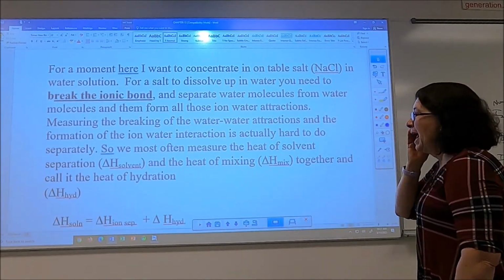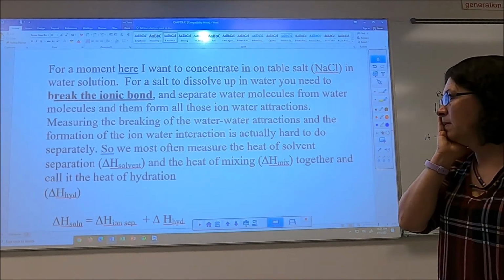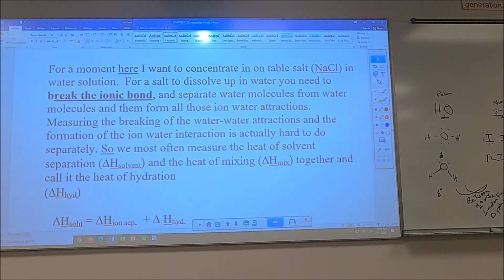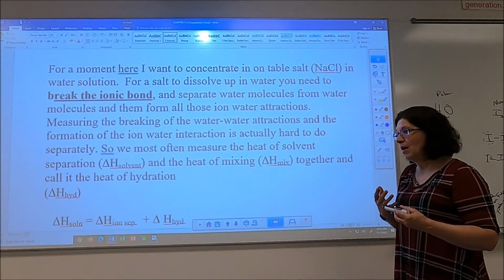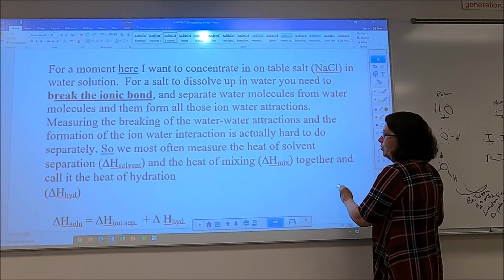So let's think about table salt for a minute. When we look at mixing table salt, sodium chloride, and water, to dissolve in water you actually have to break the ionic bond. You separate water molecules from water molecules, then you separate sodium ions from chloride ions, and then you have sodium ions interacting with water and chloride interacting with water. Some of these things are sometimes hard to measure separately.